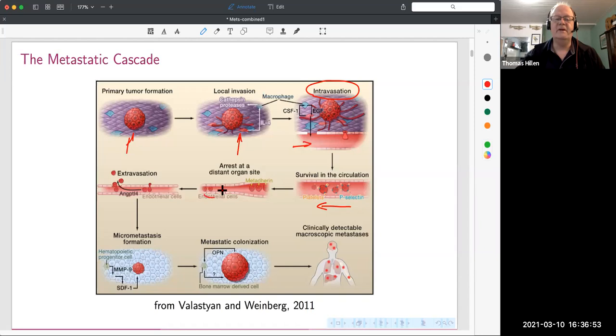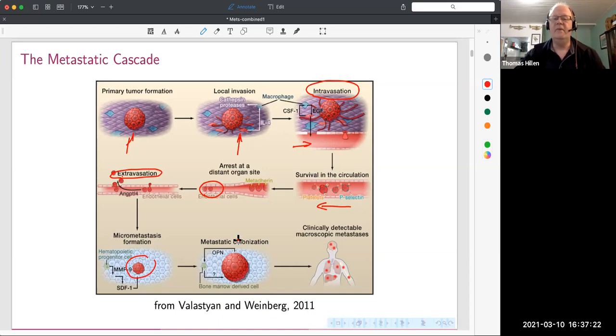One is they get stuck, which is indicated here. If the capillaries become too small, then these clusters just get stuck, and that's it. And then they can still grow. Or they actively extravasate. Maybe they find the liver, they like the liver, there's lots of alcohol there, so then they go and hang out in a new organ. And then if the conditions are right, they can form micrometastasis first and then larger metastasis later.